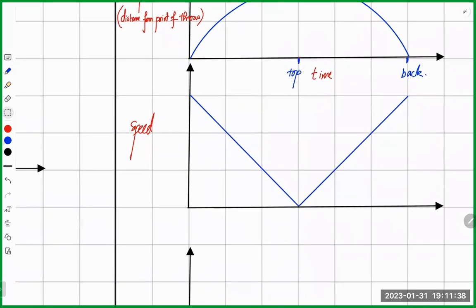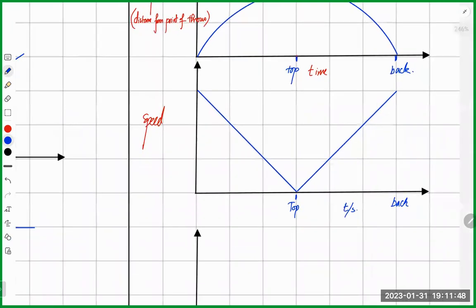This is the top, and this is back, and this is time in seconds.